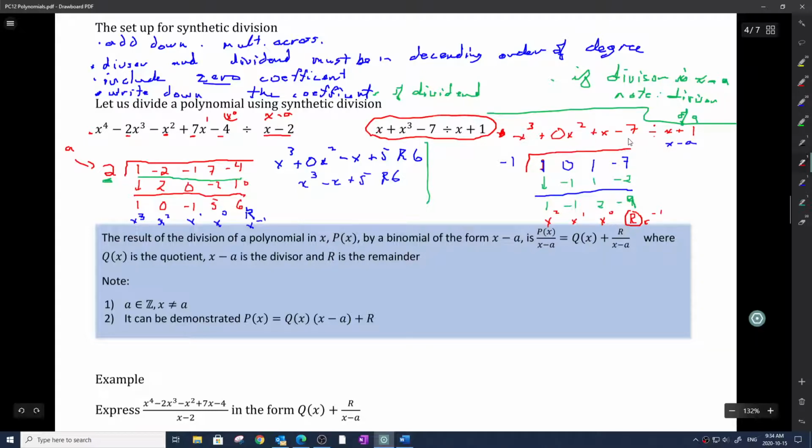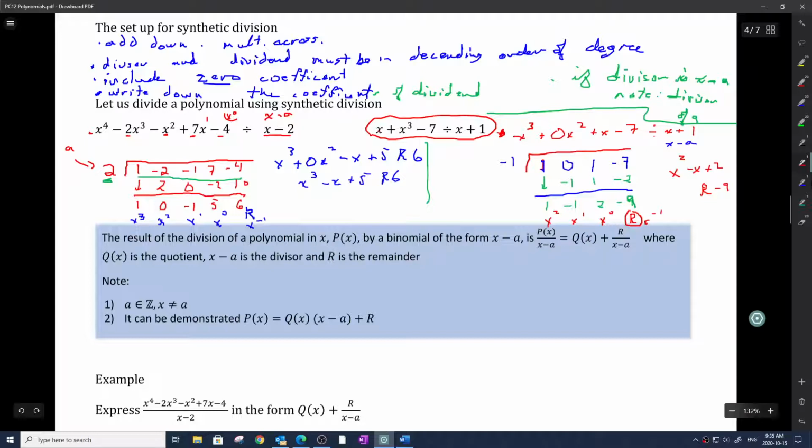Well, it's going to have to be x to the power of 2, right? Something of degree 1 multiplied by degree 2 is going to be degree 3. So here, this is 1x squared minus x plus 2 with a remainder of -9. And that's all we have.